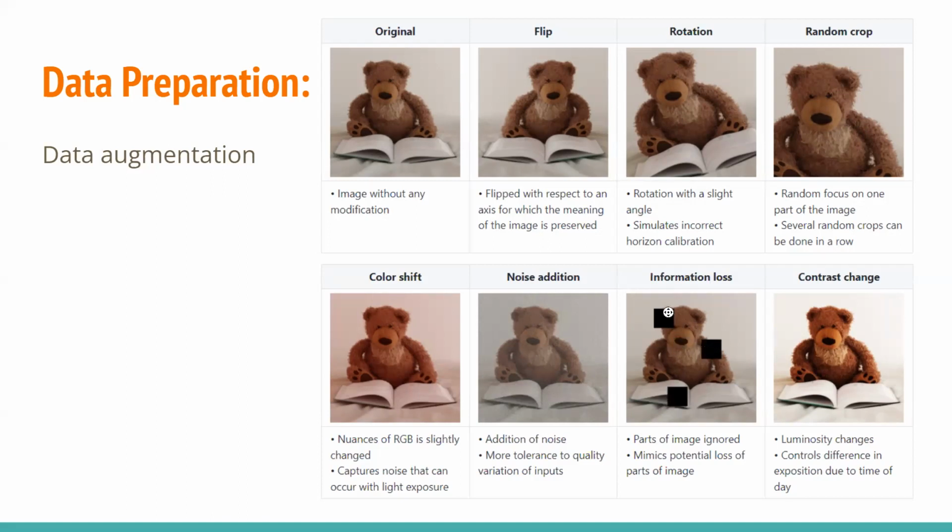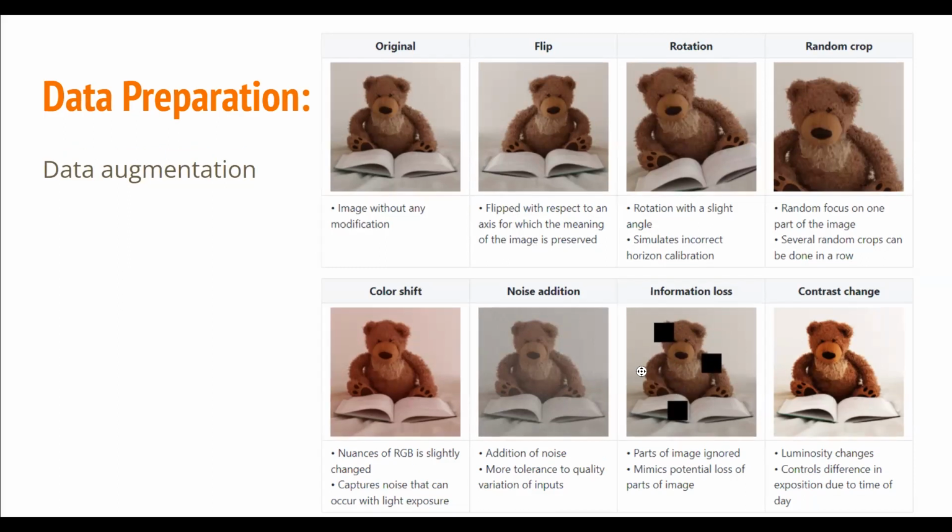Patches are given because sometimes in a real scenario this area might be covered with something else. So the model is supposed to know, even though something else is there, that this is a teddy bear kind of thing. One more thing is if the contrast is changing, increasing or decreasing, there are multiple scenarios.